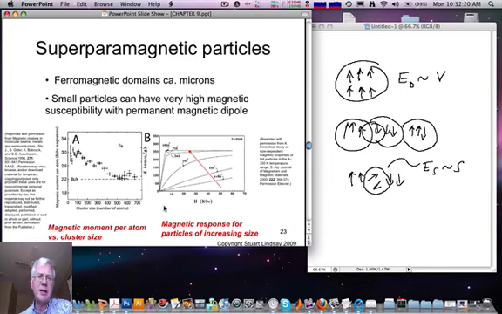So here's the magnetization versus applied field. It looks like a paramagnet. But as the particle size increases, the particles become closer to their true ferromagnetic cells and show the usual rapid magnetization followed by saturation as the entire sample is permanently magnetized.